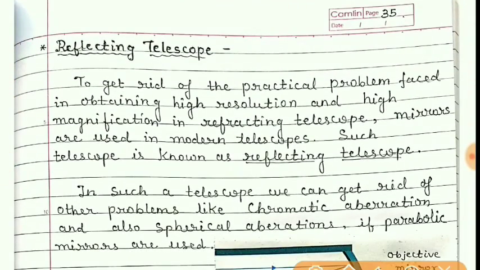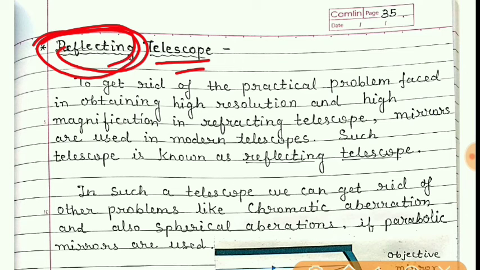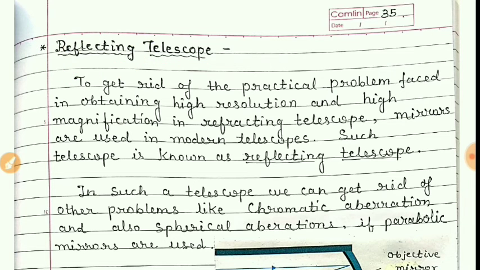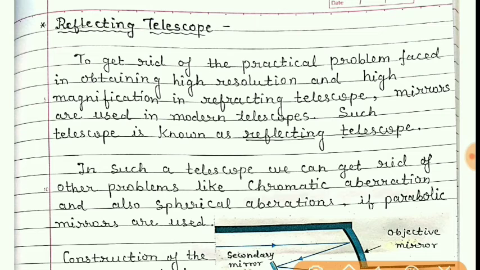Now students, about reflecting telescopes. In reflecting telescopes, definitely light gets reflected, and for reflection we know that mirrors have to be used. Now why are these reflecting telescopes preferred over the refracting telescopes?